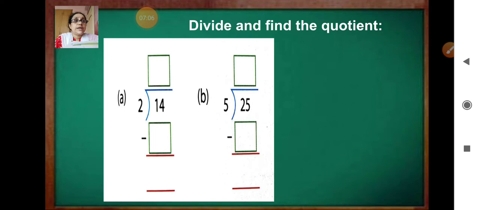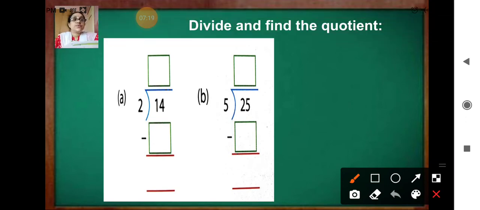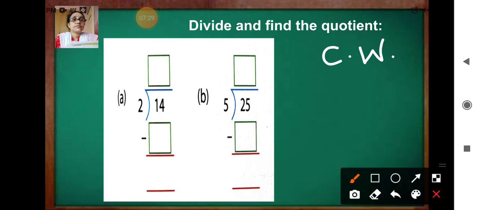Now divide and find the quotient. We can do it. So this is your classwork. Just write classwork. Now what do we have to do? 14 divided by 2.